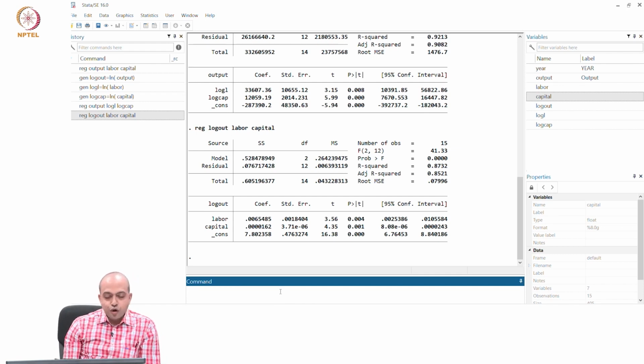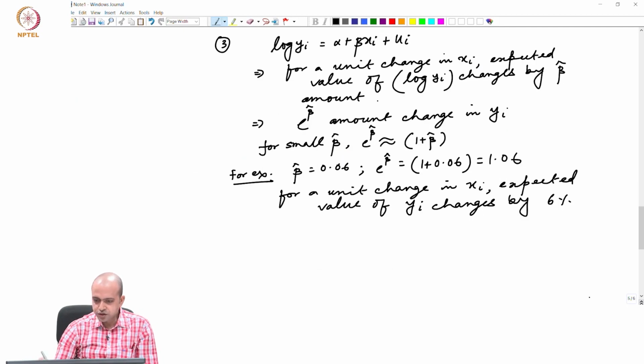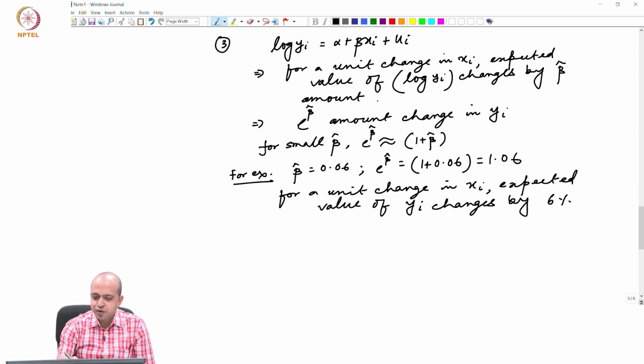Now, what is the interpretation of log linear model? We have to go back and see what is the interpretation of log linear model. This is the model. So, if you want to interpret the coefficient when your y is log but x is not, you need to say that y changes by e to the power beta hat amount. That means e to the power beta hat is approximately 1 plus beta hat. So, if beta hat equals 0.06, it would become 1.06 or 6%.